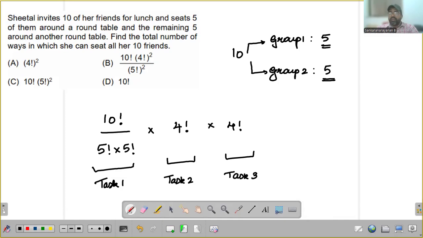Please observe that all these questions we are discussing are centered around the fundamental principle of counting. So group tasks 1, 2 and 3 give this many ways, and I can see that the answer is option B. So I will go ahead with option B as my choice.